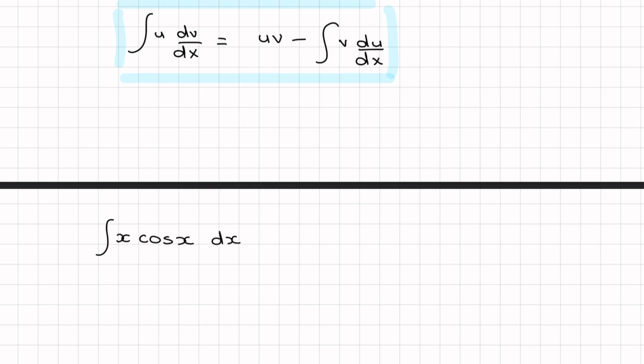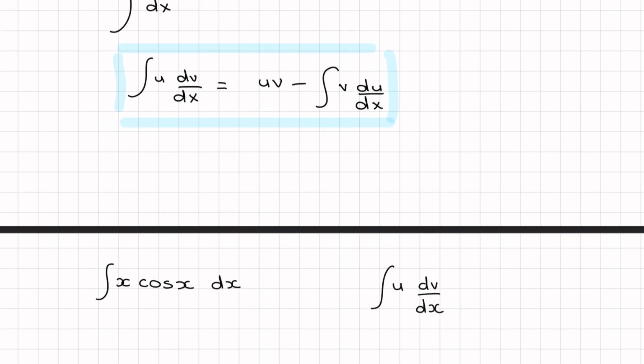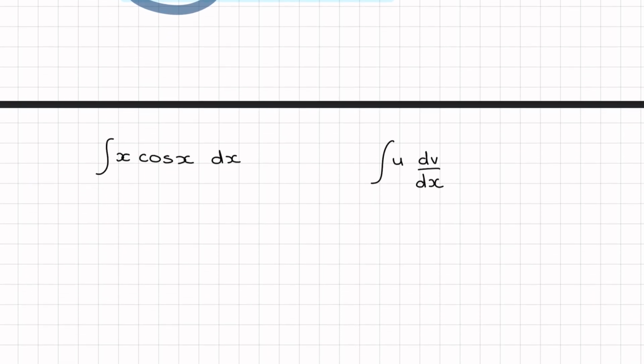What I need to do, my first step, is put this integral in the form of u times dv by dx, because that is what we have on the left-hand side of our integration by parts formula. So I'm going to set u equal to x and dv by dx as cos x.